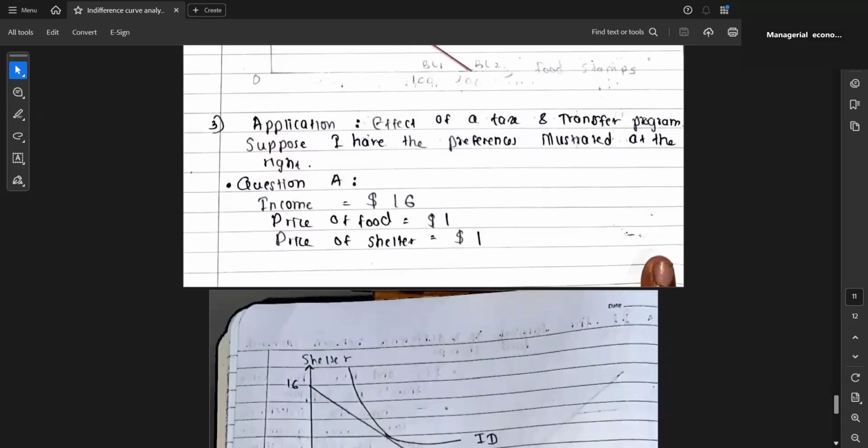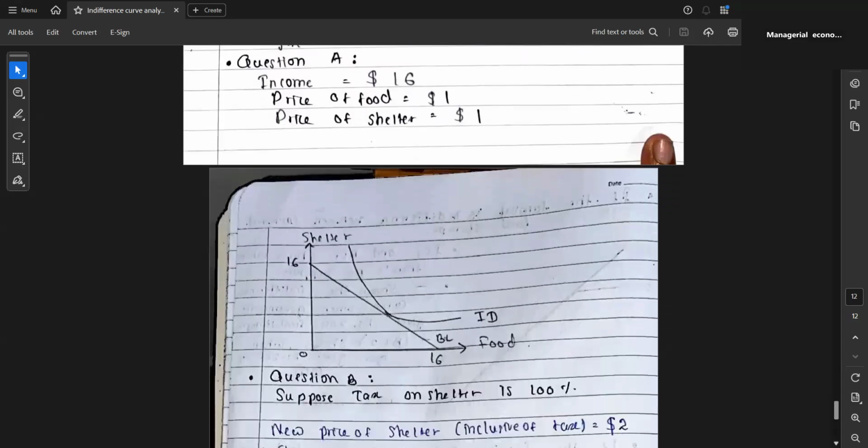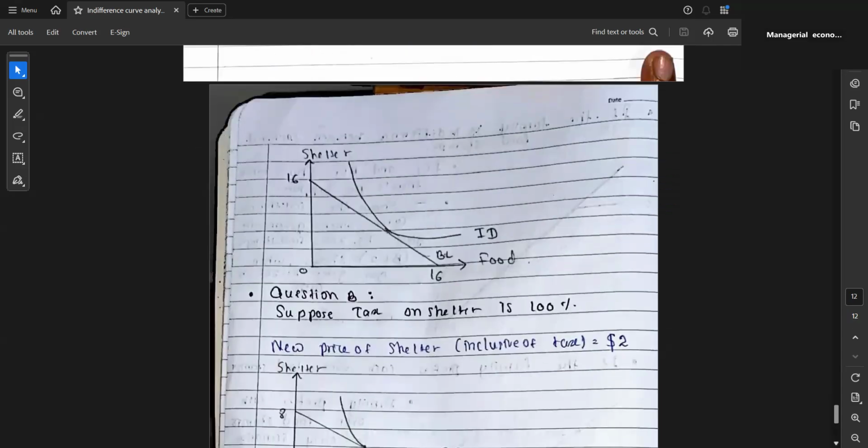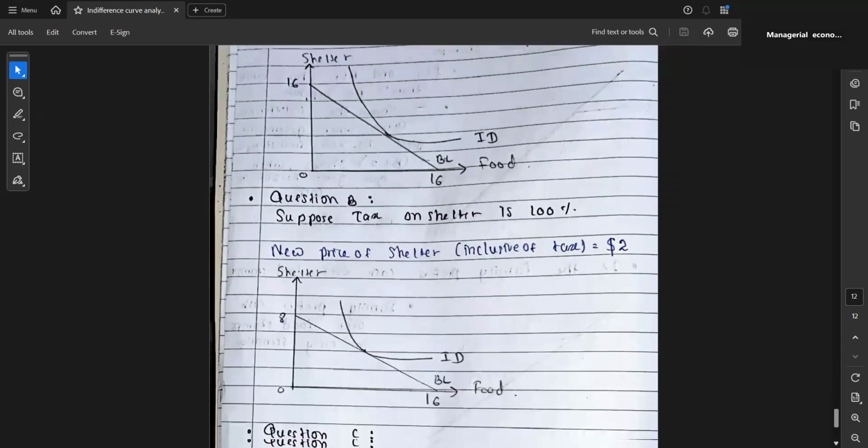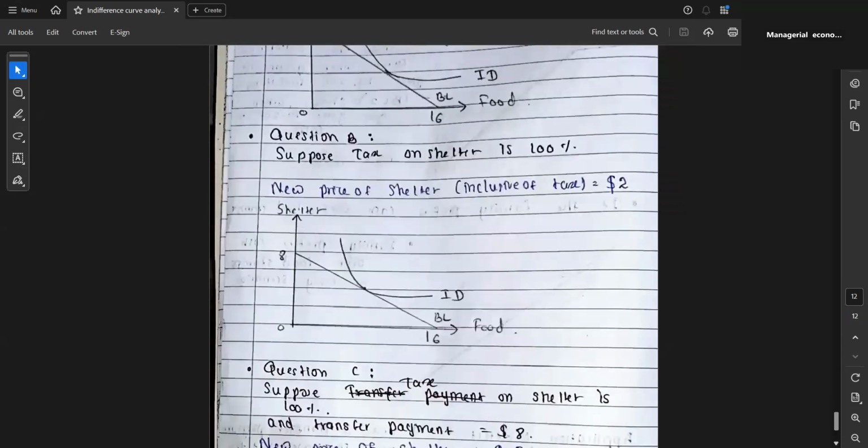Then we're going to see what happens when taxes and transfer payments are given by the government. In the first scenario, we have the normal scenario. And then the government taxes shelter 100%.